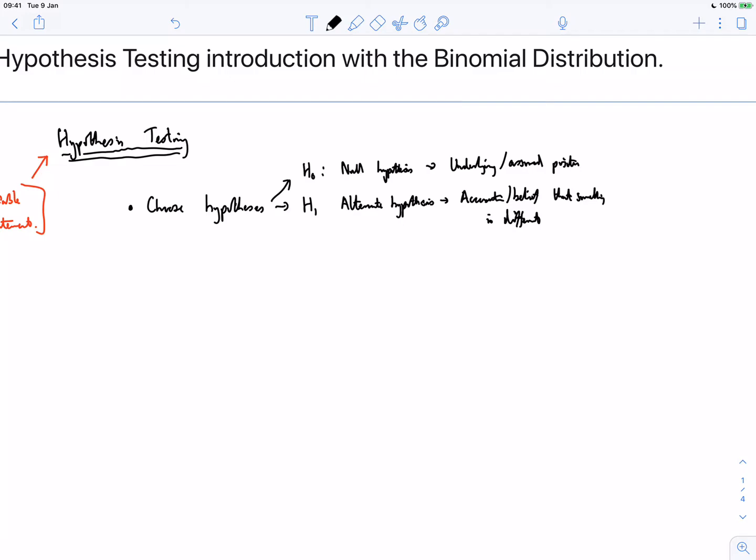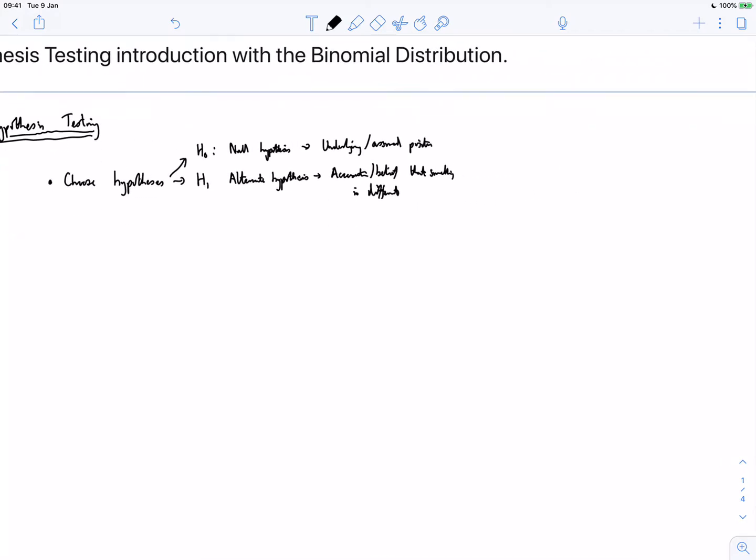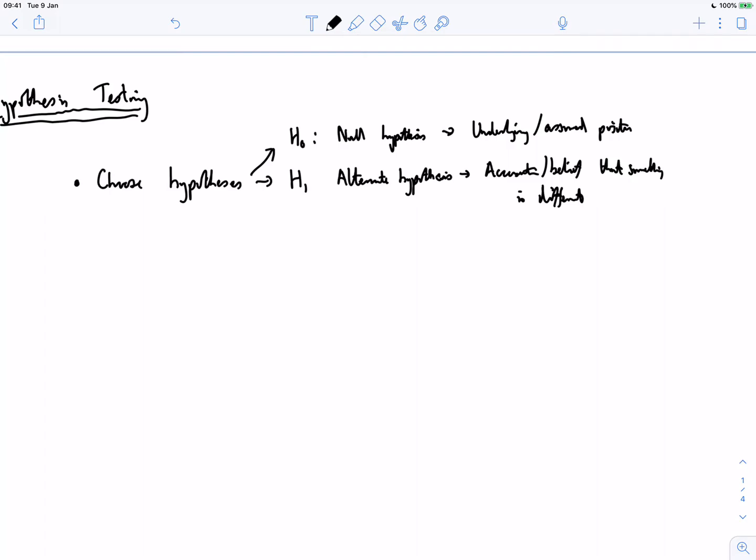Now, essentially, you can define hypotheses however you want to. So, for example, I might say, well, I reckon that this coin... actually, no, let's do the whole thing and I'll do an example. So the first thing is you write your hypotheses. The next thing is choosing the distribution that best fits.